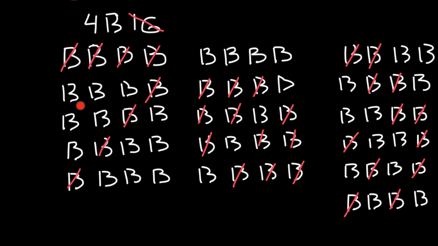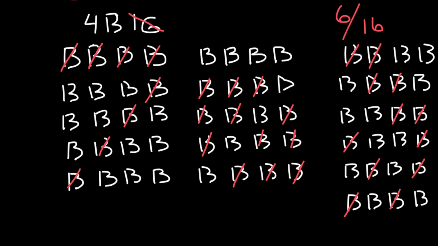We have 1, 2, 3, 4, 5 variants here, 6, 7, 8, 9, 10, 11, 12, 13, 14, 15, 16. So total number of variants 16, and 2 affected to 2 unaffected 1, 2, 3, 4, 5, 6. This is frequency of the two affected and two unaffected variants when we have 4 boys and 1 girl.